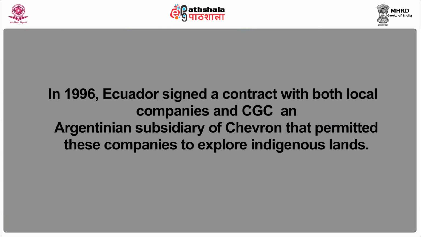The community numbered approximately 1,300 and formed one of the oldest settlements in the Ecuadorian Amazon. In 1996, Ecuador signed a contract with both local companies and the CGC, an Argentinian subsidiary of Chevron, that permitted these companies to explore the indigenous lands.